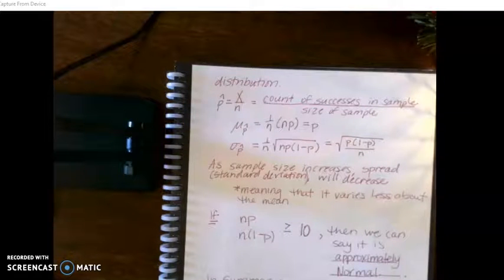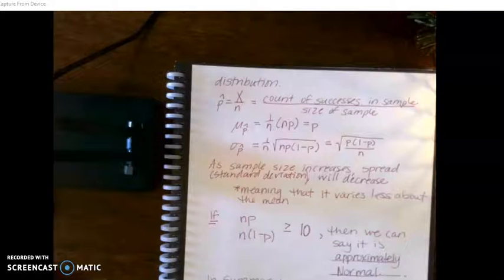So the larger sample size that we're taking, so say you have a population of 1,000, if you only ask 20 people what they think, well, that's not going to give you a good idea, right? Your standard deviation is going to be large. Because we're not sure of all the different possible samples. You could have picked a lot of other random samples, right?